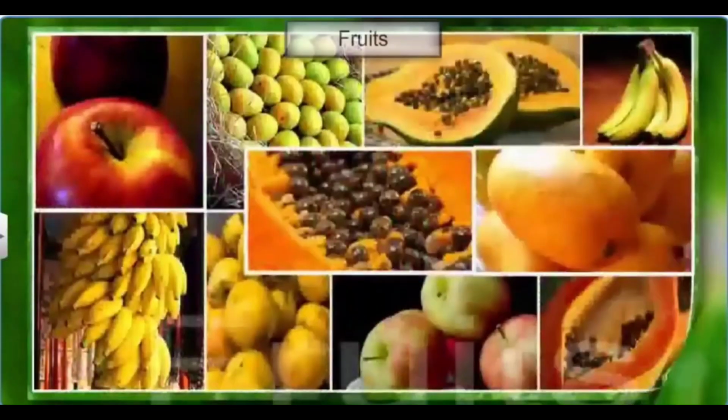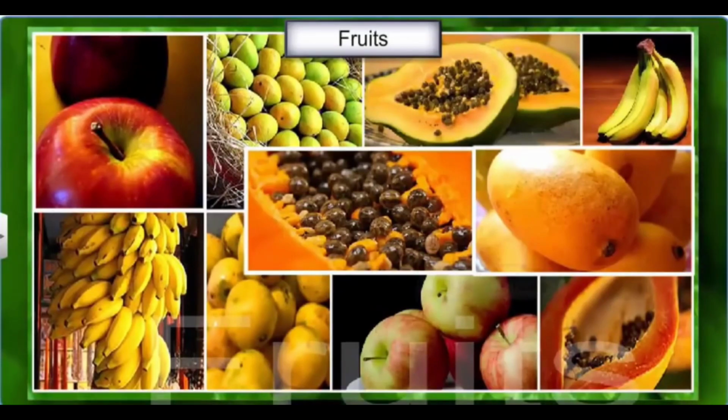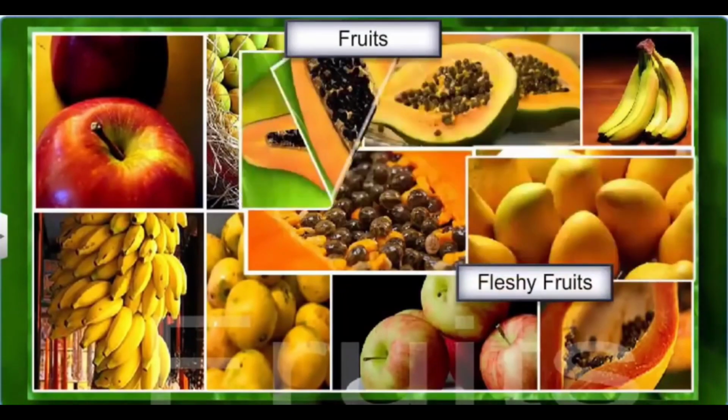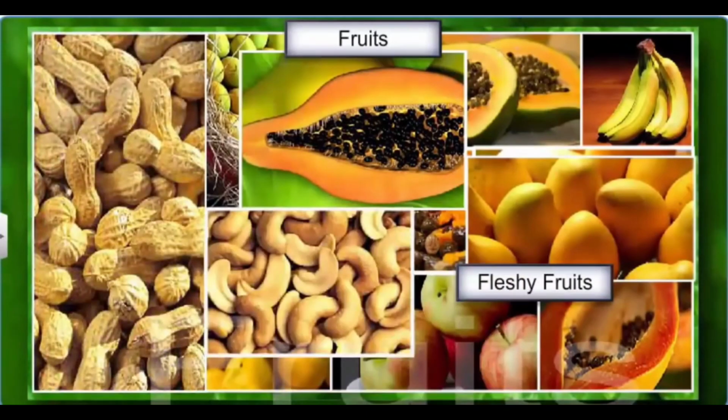For us, fruit means a mango, papaya, apple, or a banana. However, for a botanist, fleshy and juicy mangoes or papayas are as much a fruit as are groundnuts or cashew nuts, which are dry in nature.